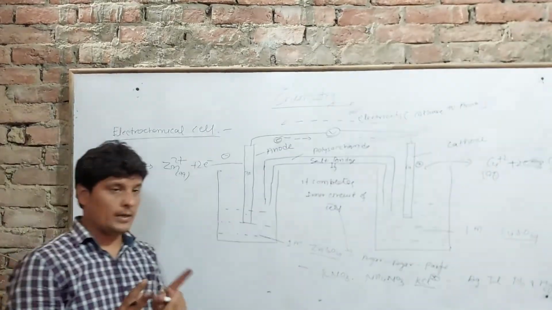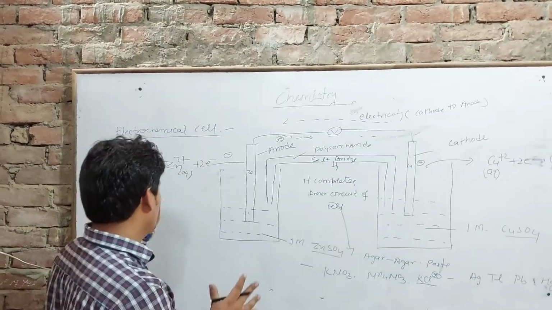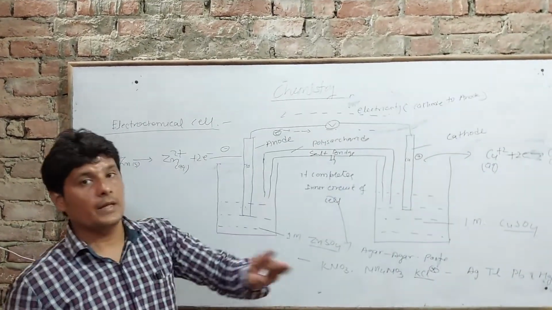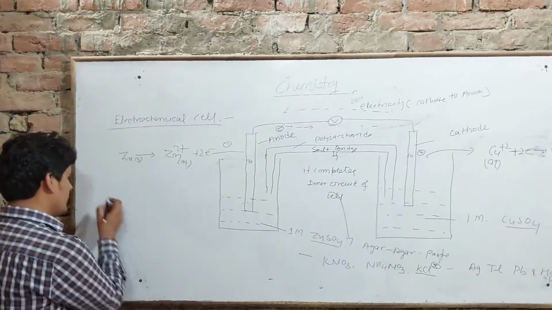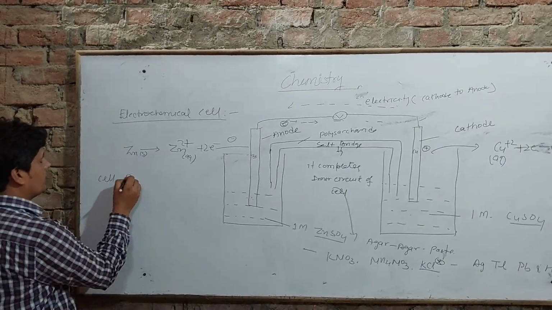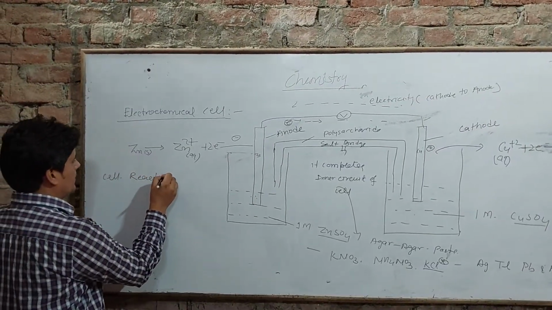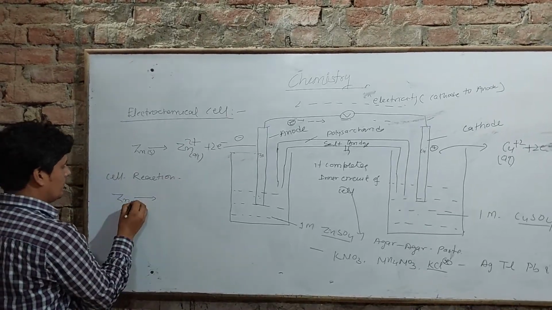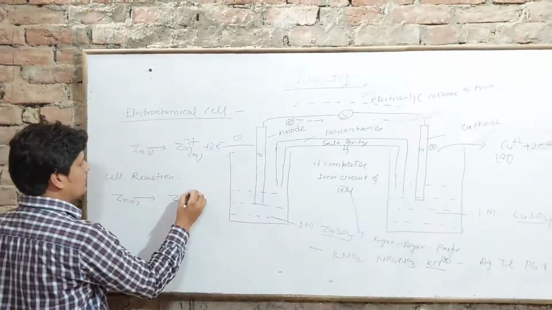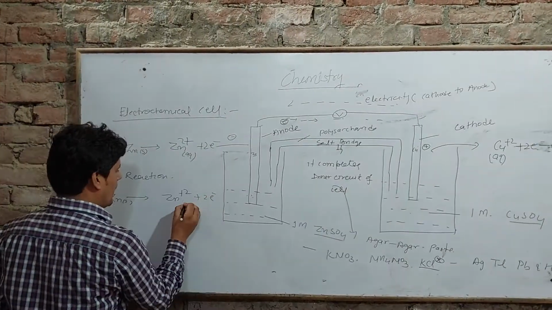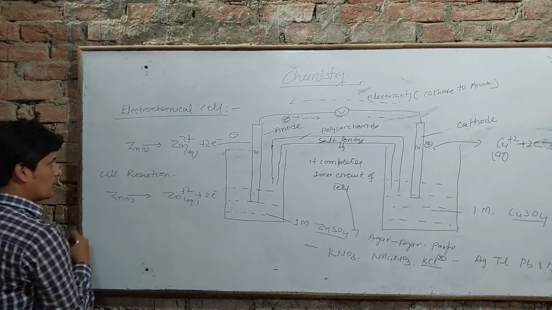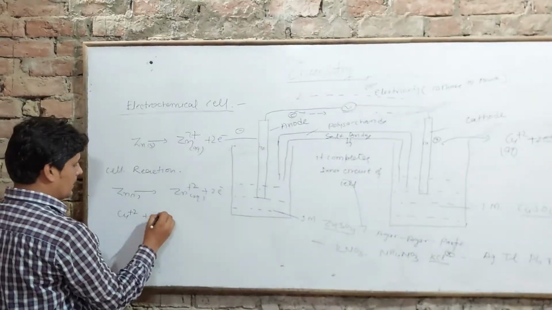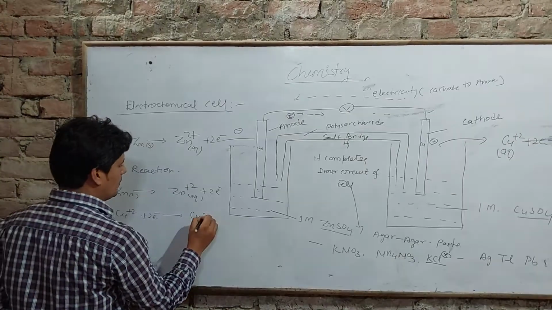Cell reaction may be defined as the addition of anodic half cell and cathodic half cell reactions, and completely it gives the cell reaction. Here we have the anodic reaction, that is Zn converted into Zn2+ aqueous plus 2 electrons, and the cathodic reaction is Cu2+ plus 2 electrons converted into Cu solid.